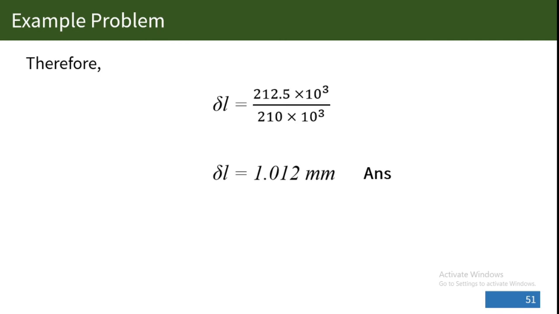So please do a review of the problems by solving it by yourself and verify in your own solution if the process is correct, and you should get these final answers: the diameter equal to 162 millimeters and the extension equal to 1.012 mm. Alright, so please do a review of not only this problem but also the previous problem on the tensile stress.